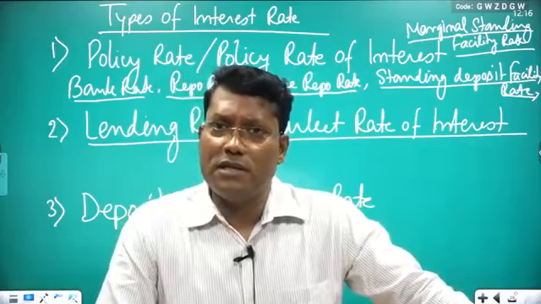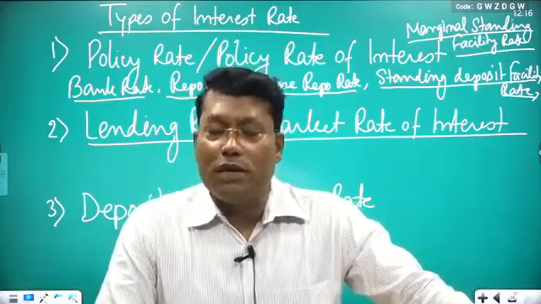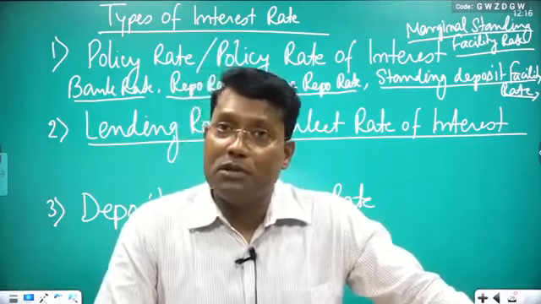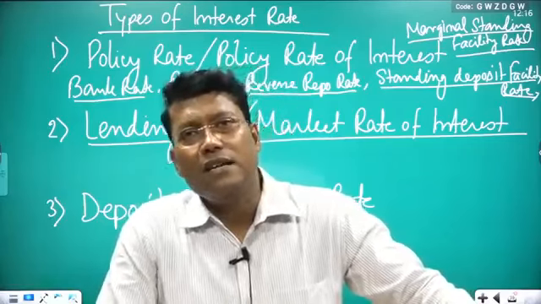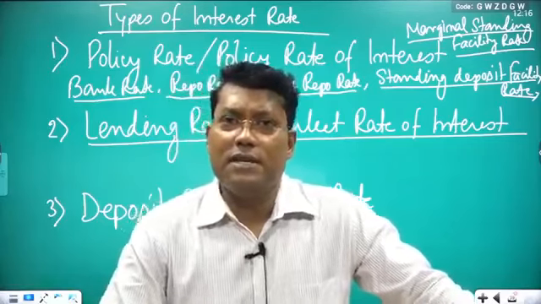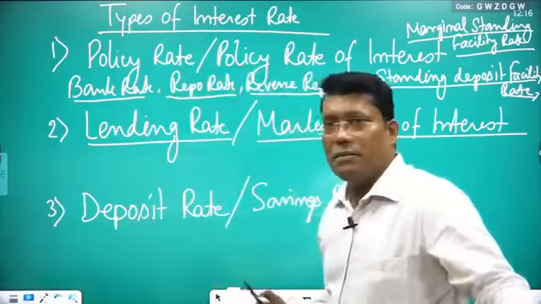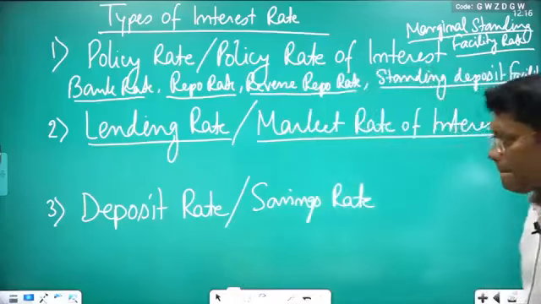Whatever customers, the depositors, deposited, on this deposited amount banks are paying interest. That rate of interest is known as savings rate, or you can say deposit rate. Clear to all? Fine.